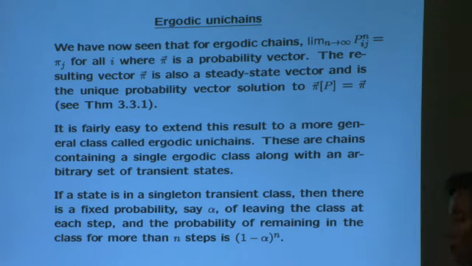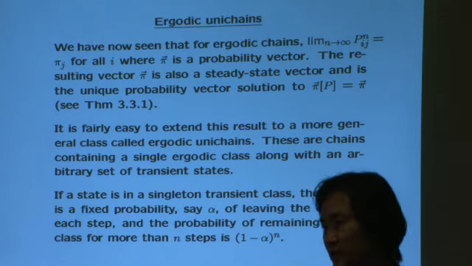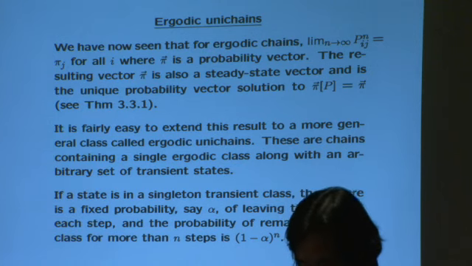The probability of remaining in the transient state after n steps is just (1 minus alpha) to the n, and this goes down exponentially. So what this says is that as n gets very large, it's very hard to stay in that transient state. It's going to go out of the transient state and into the recurrent class.